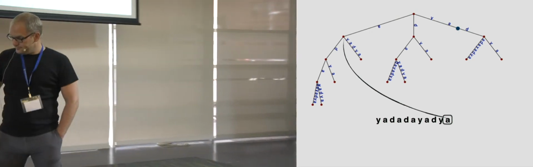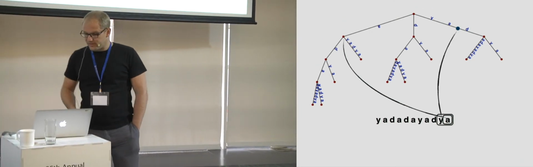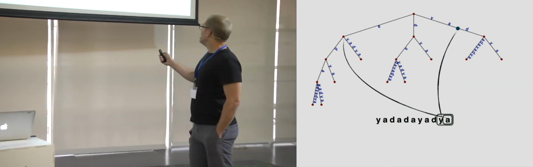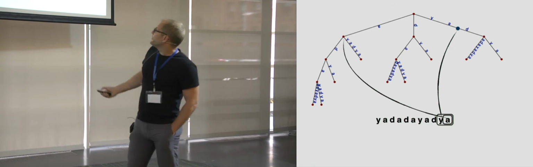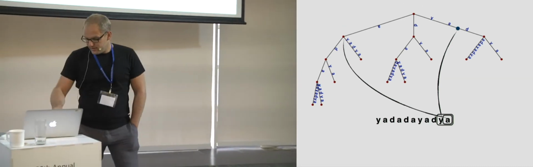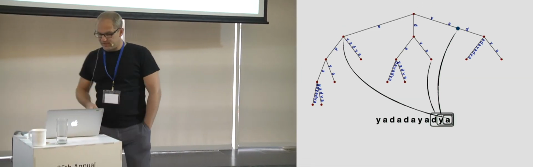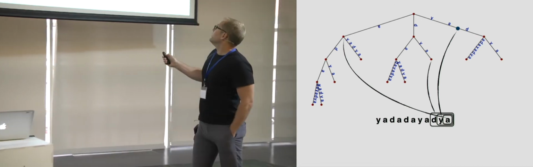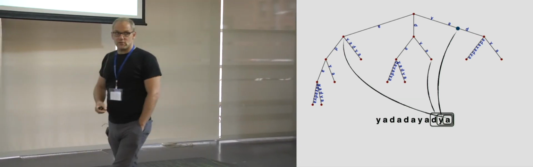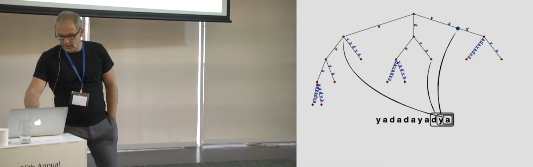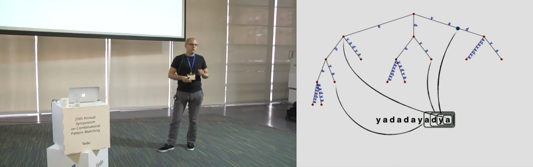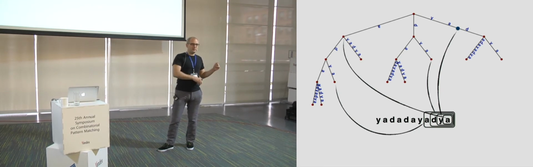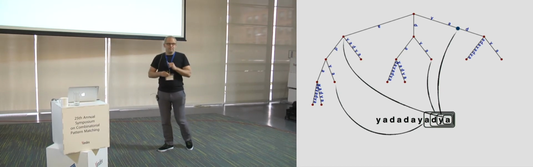And the next suffix is at this point. I'll get to why this point is marked later. And then when we get to the next longer suffix, this is indeed located on a leaf, and after that all the longer suffixes will be on leaves, because once you've found a suffix that's contained only as a suffix and not elsewhere in the string, it's a leaf.